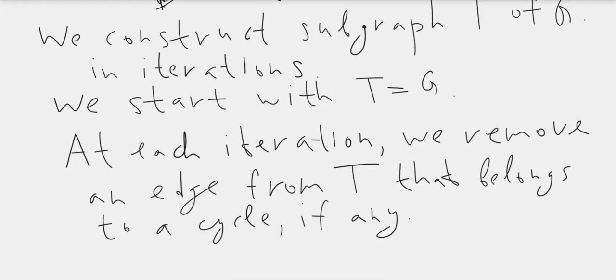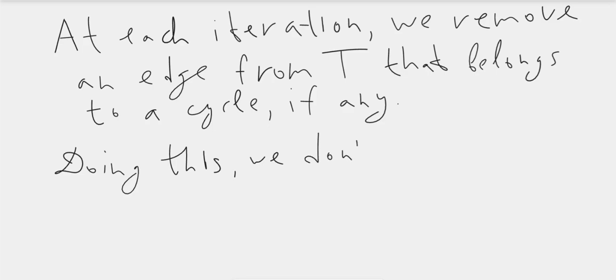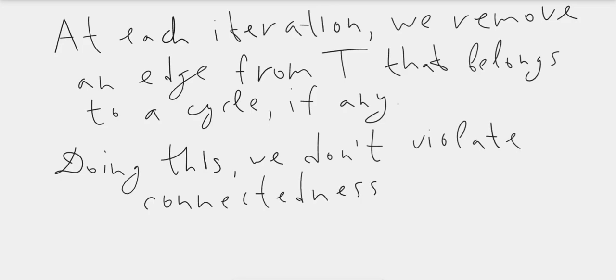So what we need to prove is, first, observe that doing this we don't violate connectedness of T. If on the previous iteration T was connected, then on the next iteration it is also connected.